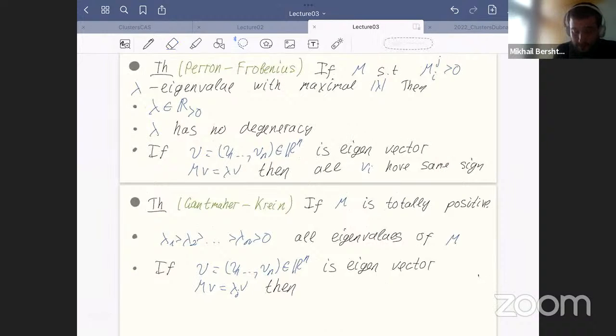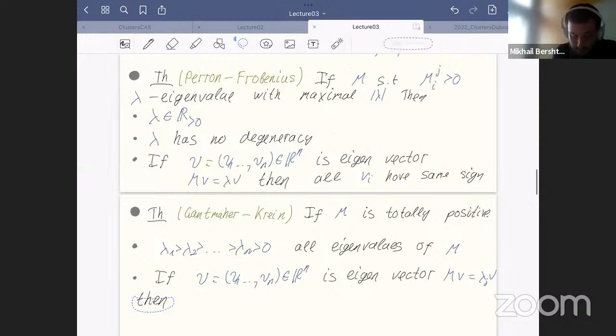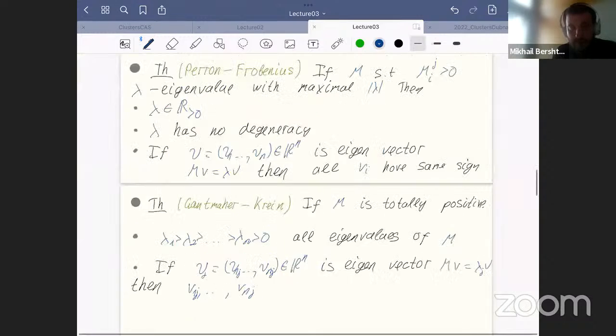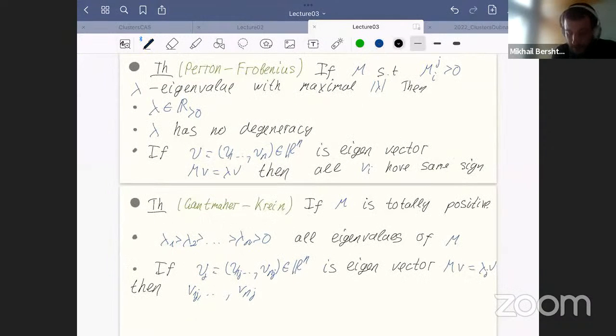Then in the sequence v_1j, ..., v_nj has exactly g minus 1 changes of sign.